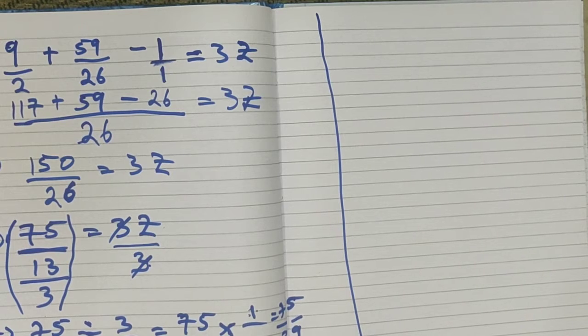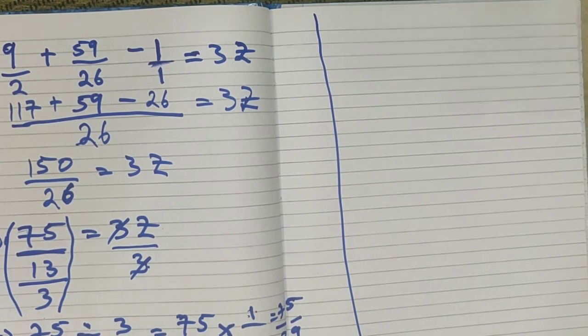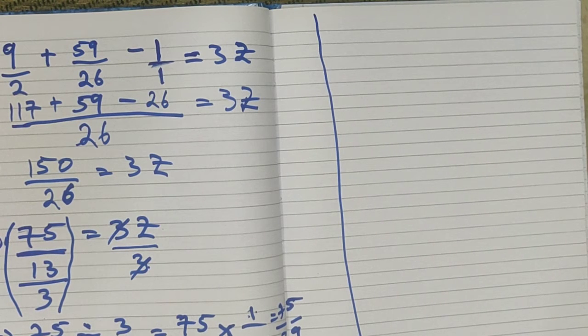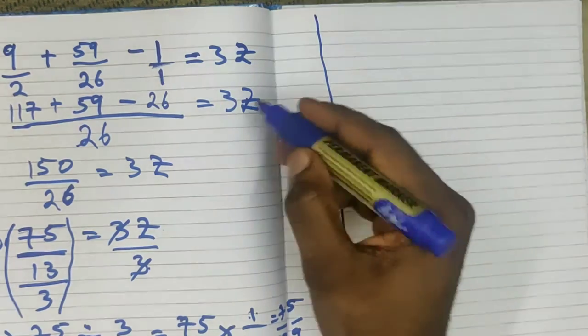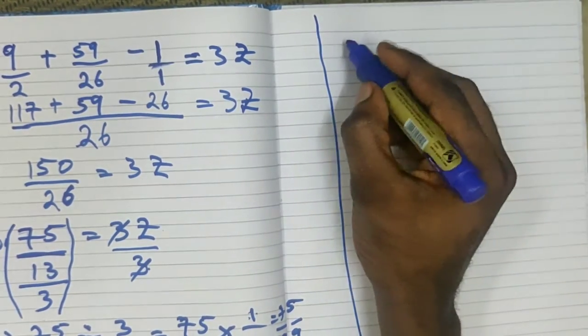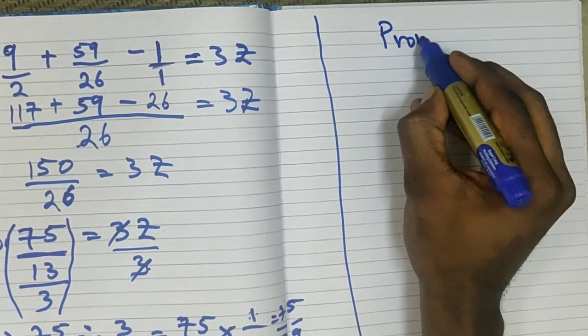So let's see if our answers are correct. This is our t, this is our x, this is our z. So we are going to substitute in equation 1. Let's use the same equation to prove our answer.